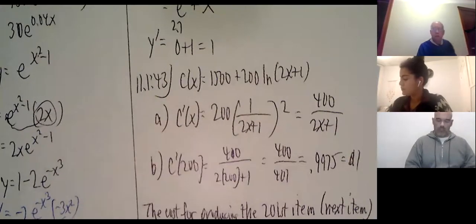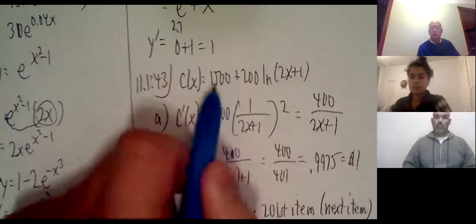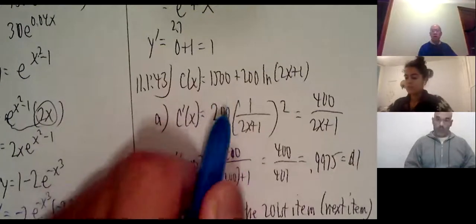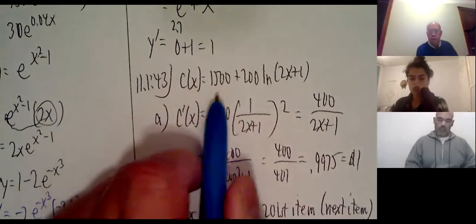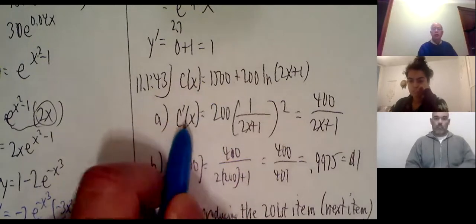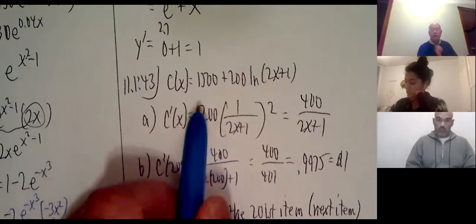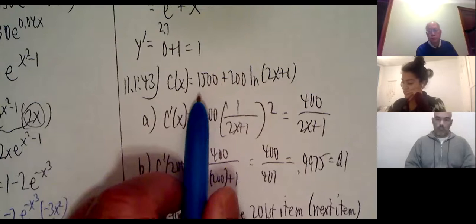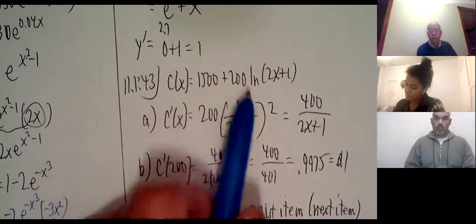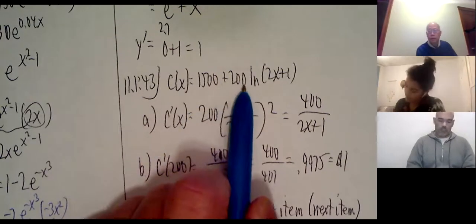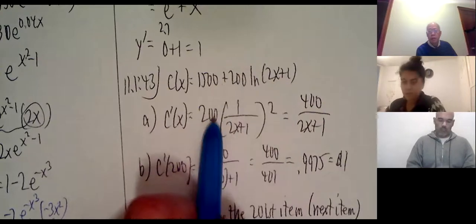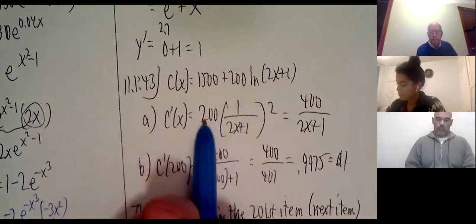All right, so here's a cost function. So if you're in a business, here's a cost. Let's find the marginal cost, which means derivative. So C prime. Derivative of 1500, 0. Derivative of 200 ln blah, blah, blah. So just copy the 200.